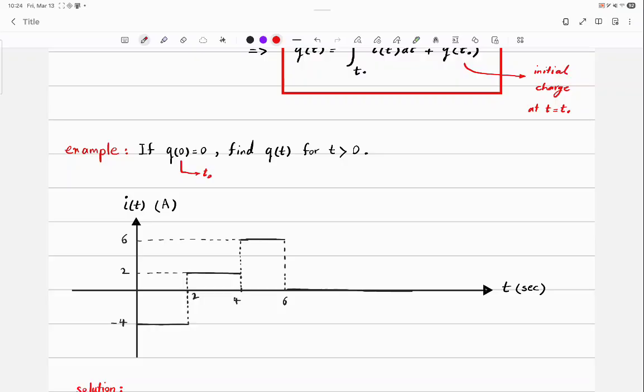Let's find Q of 6. It's 8, right? What is the next interval? Do we have any other interval or no? We do. t greater than 6, right?